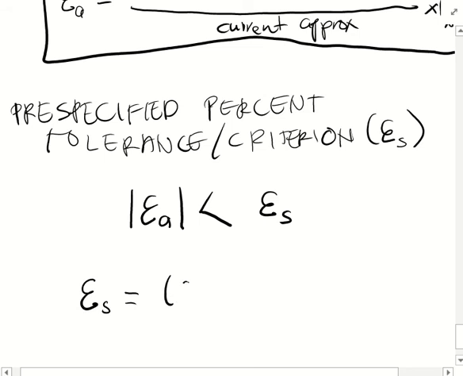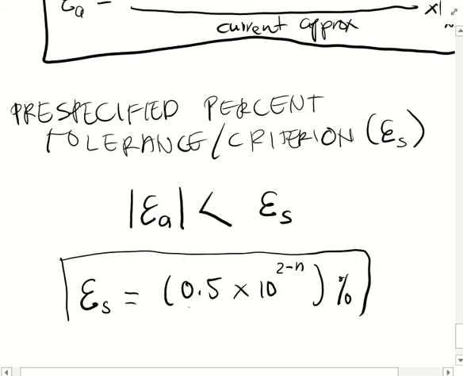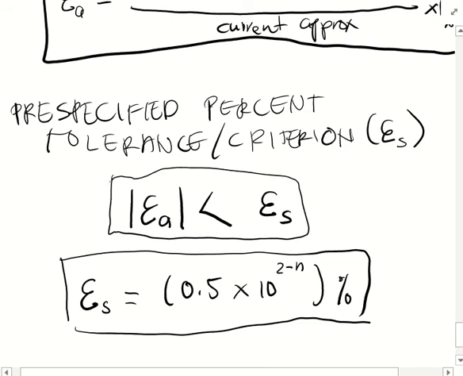It's equal to 0.5 times 10 raised to 2 minus n, and this will be in percent. This is the stopping criterion, when we stop.